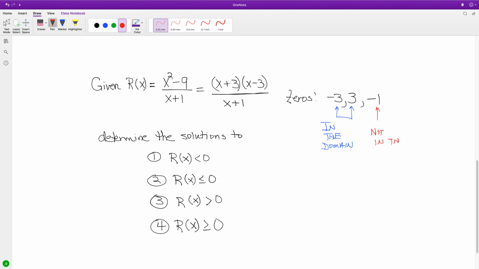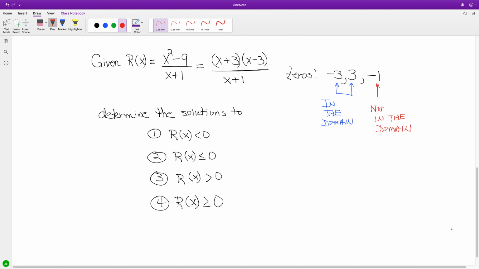But we're still going to use all three values in creating the pathway to determining the solutions of each inequality. In setting up our table, the smallest of the three zeros is negative 3. So the first interval is between negative infinity and negative 3.